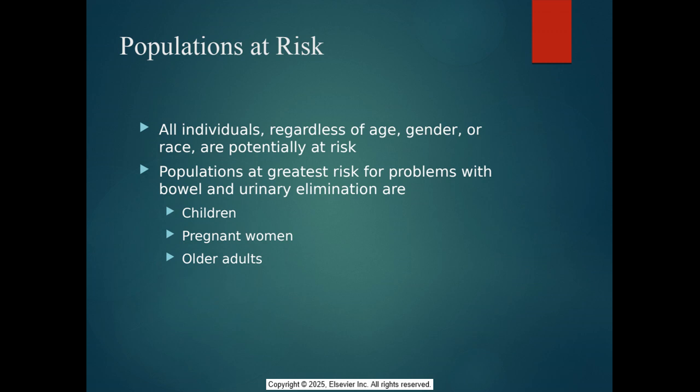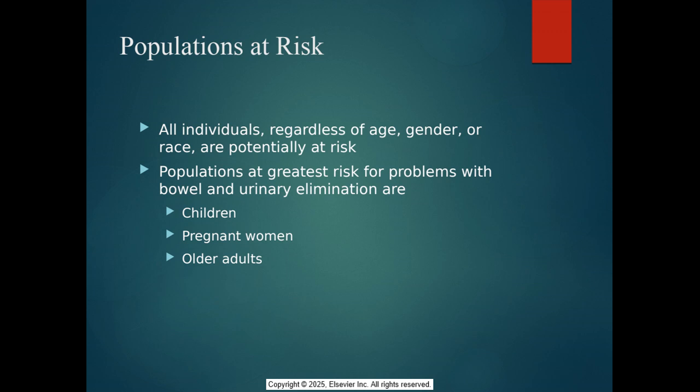Race: African Americans have a higher risk for acute kidney injury and chronic kidney failure versus white men or Caucasians. Urinary elimination risks of children include bedwetting, for example, trauma-related, and other factors that we'll discuss.